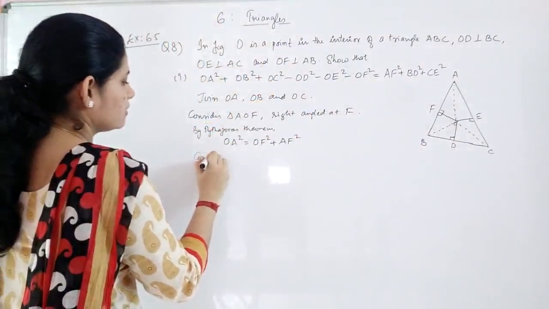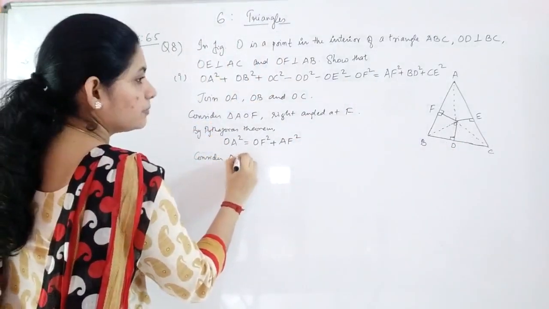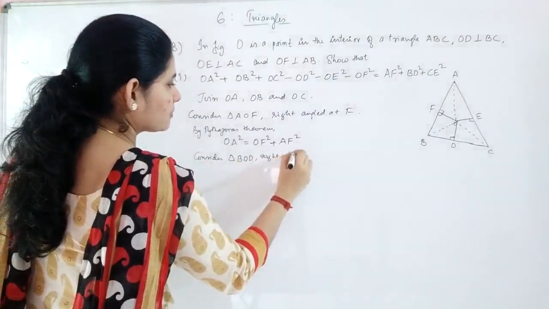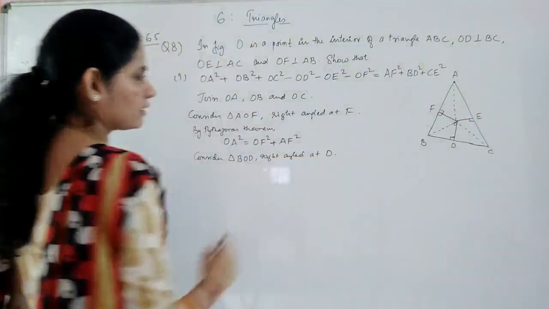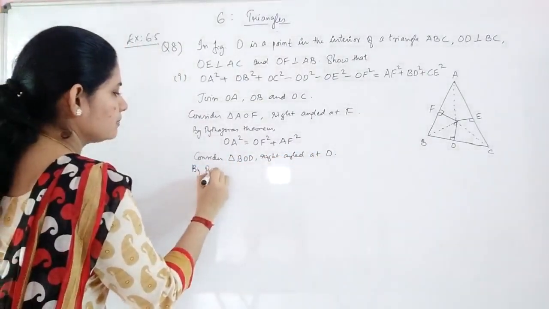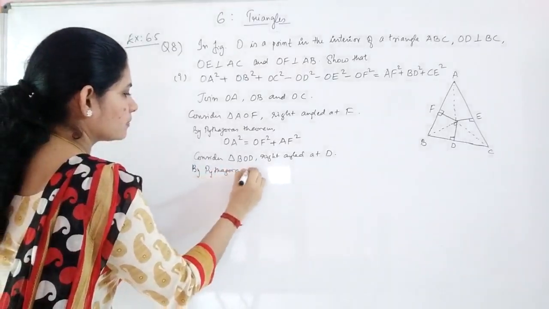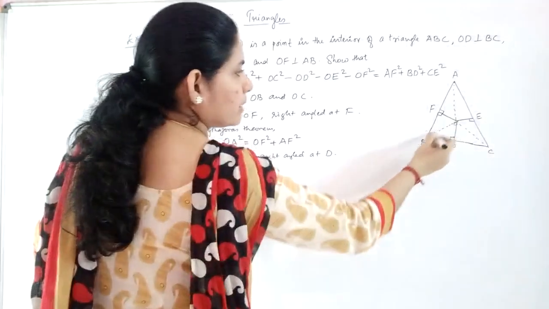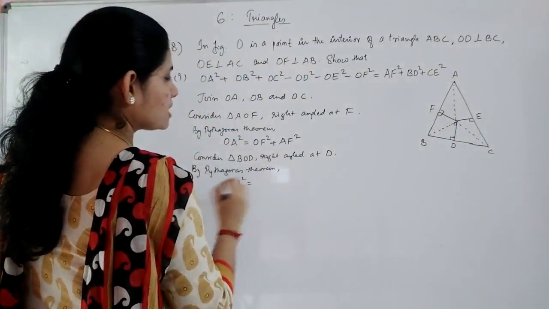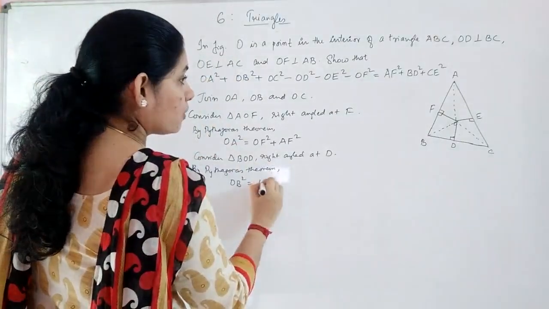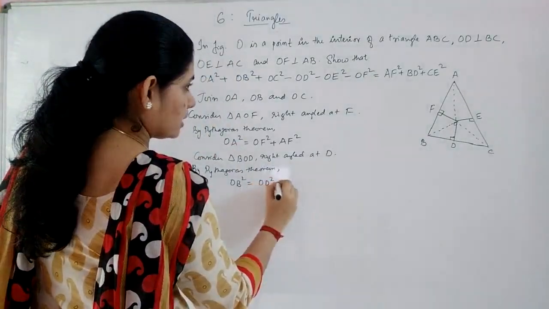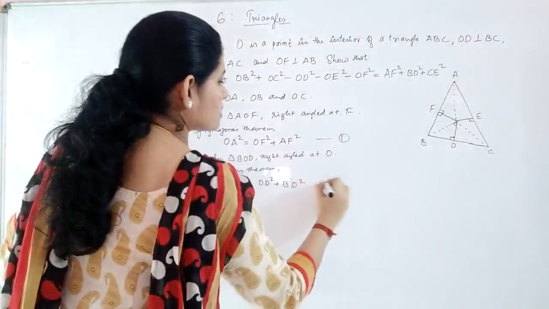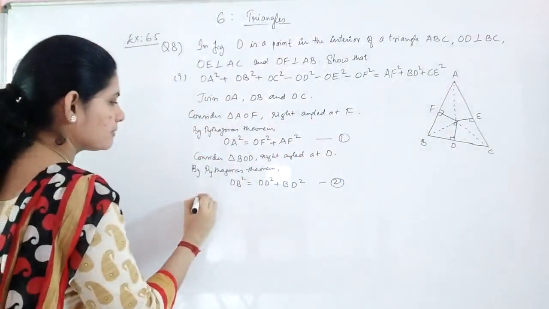So consider triangle BOD, which is right angled at D. Again by Pythagoras theorem, you will have OB square, OB is acting as the hypotenuse, so OB square is equal to OD square plus BD square. Put it as equation number 1. This is equation number 2. One more equation you will get.